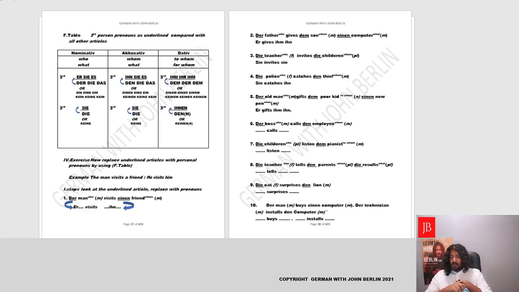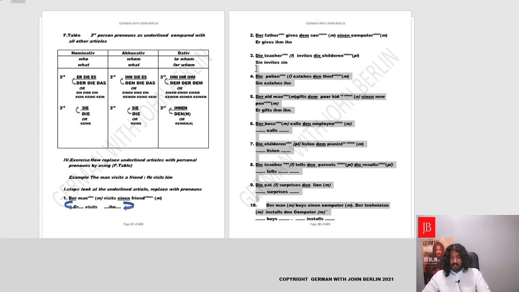Yes. So he gives to him it, it being your computer, or it being your pen. Fantastic. So this is how you could follow the definite articles and find out the third person pronouns from them.